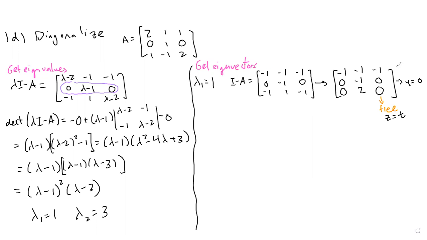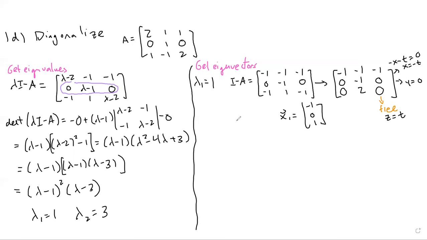And then this first equation is basically that negative x minus 0 minus t is 0. So x is negative t. So the eigenvector that I have for this, I'm only going to get the 1, is going to be, if I set t equal to 1, this vector here, -1, 0, and 1. And so it's only 1.